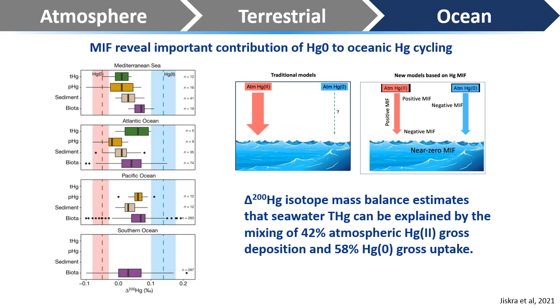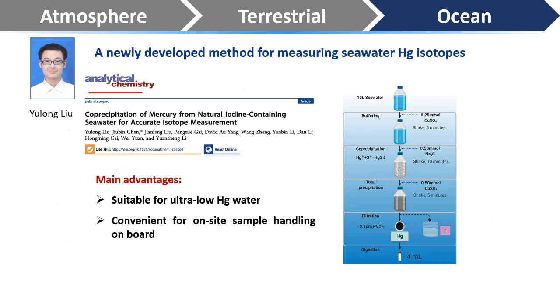So I want to mention that this result was obtained based on limited seawater mercury data, because obtaining such data is extremely difficult due to the fact that the mercury concentration is very, very low, at the PPT level, even less than 1 PPT in seawater, and also because the interference is strong. So the good news is that we developed a new method to overcome these difficulties.